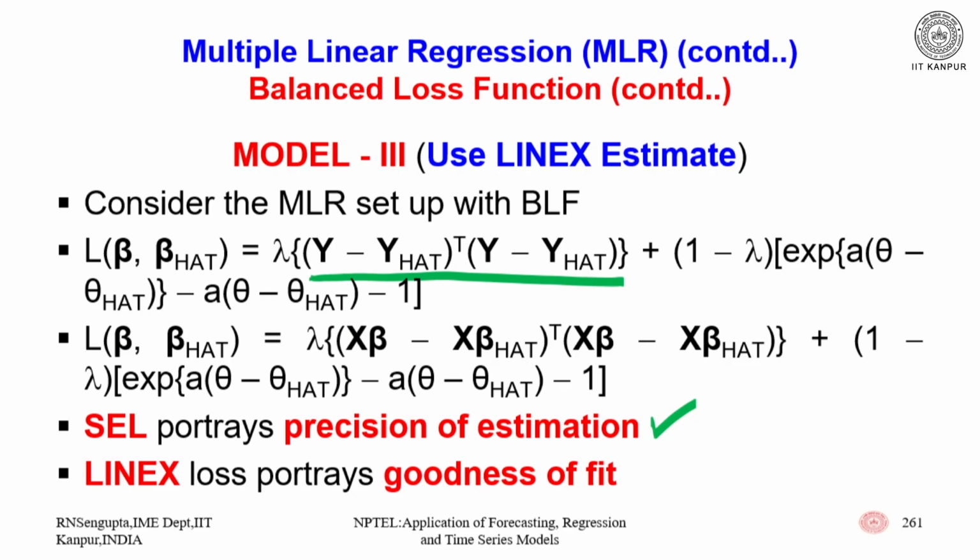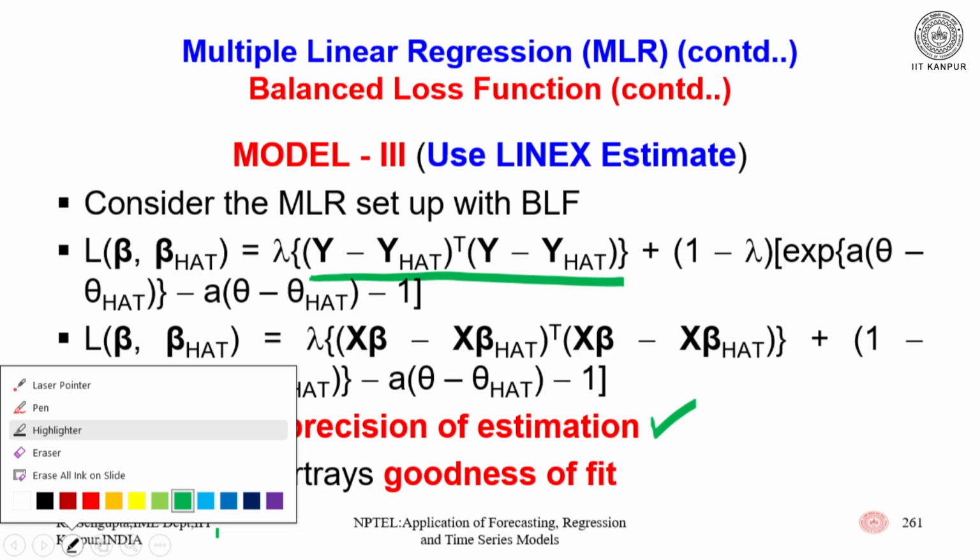You can do that, but I want to explain the concept, that is why I am using those words. And this squared error component is multiplied by lambda, while the LINEX component portrays the goodness of fit, for which I will use the blue color.